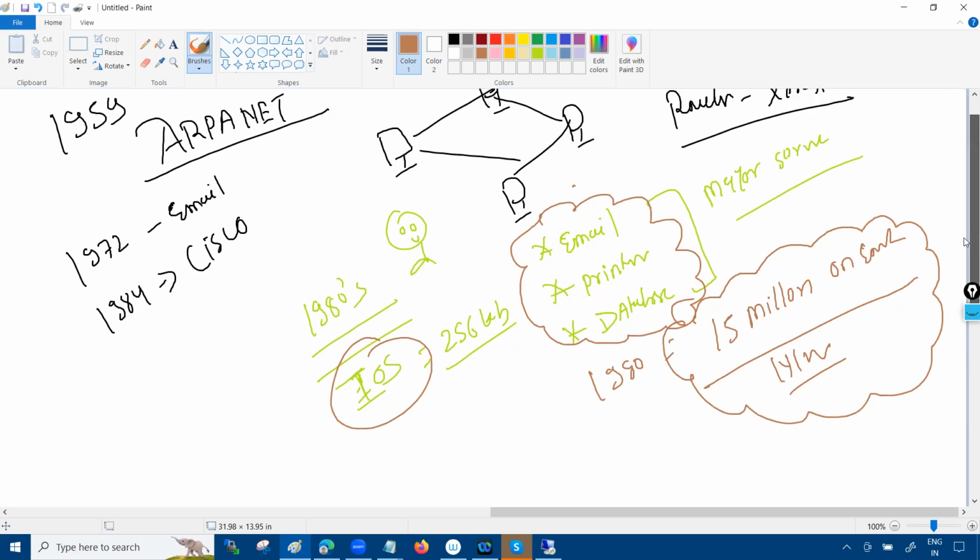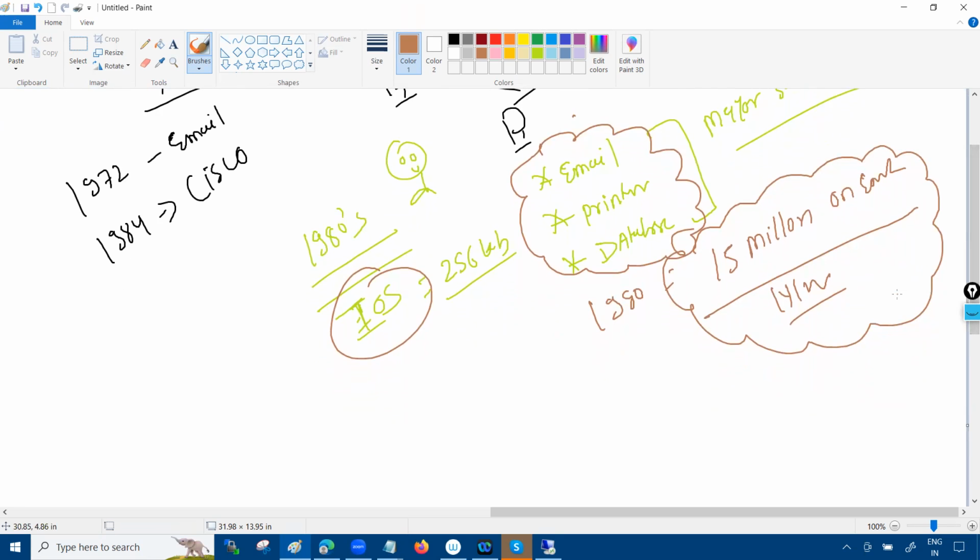Then, if you come back to 1992 or 1993, I can call it, in 1993, IP addresses were exhausted. They came with the concept called classless. Whatever routing protocols we have, EIGRP, OSPFv2, BGP version 4, all the classless routing protocols came in the picture in 1993.